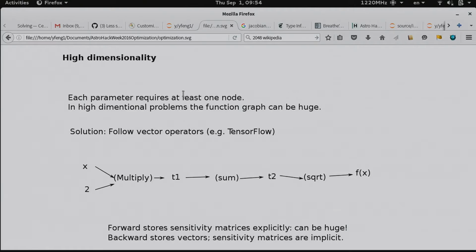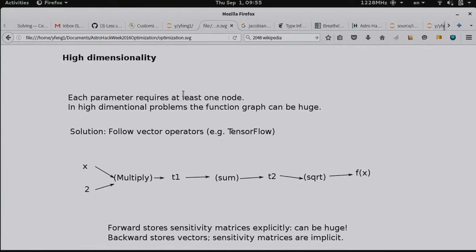When you write down a problem like this, it becomes obvious. Going forward, we have to store the sensitivity matrix, because T1 is a sensitivity matrix, which is like a Jacobian of the temporary variable against the free variable x. That can grow out of hand if the temporary variables are huge.